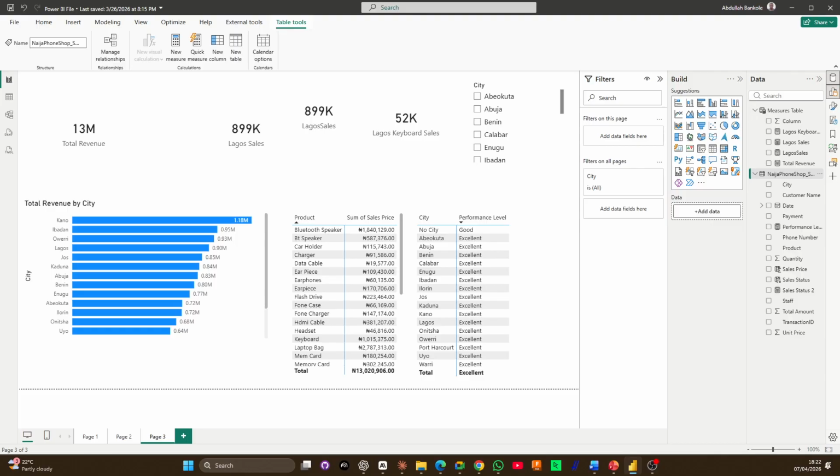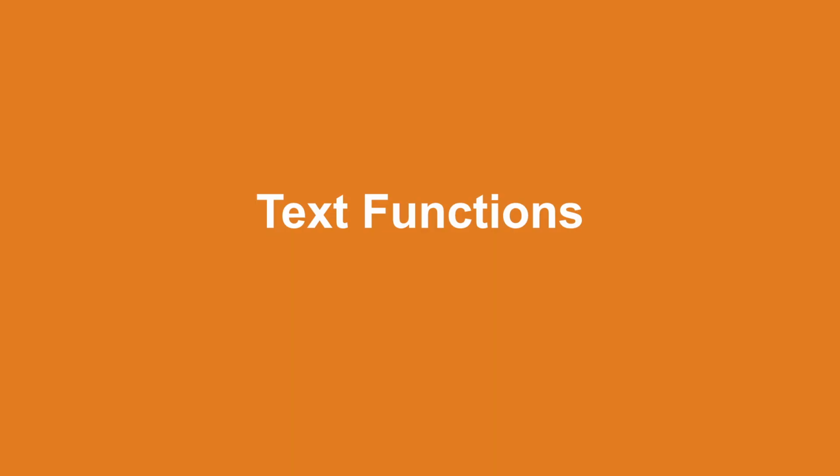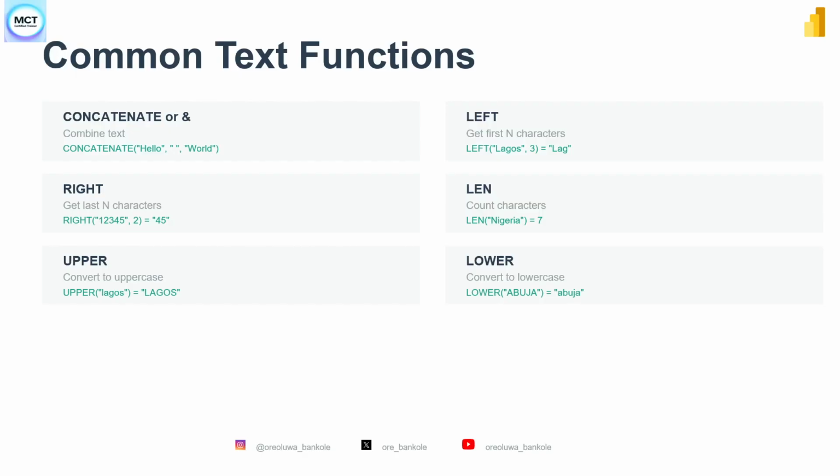Okay, good. So now, my wonderful people, let's talk about text functions, right? Text functions are a group of DAX functions that are used for text. They are textual based.